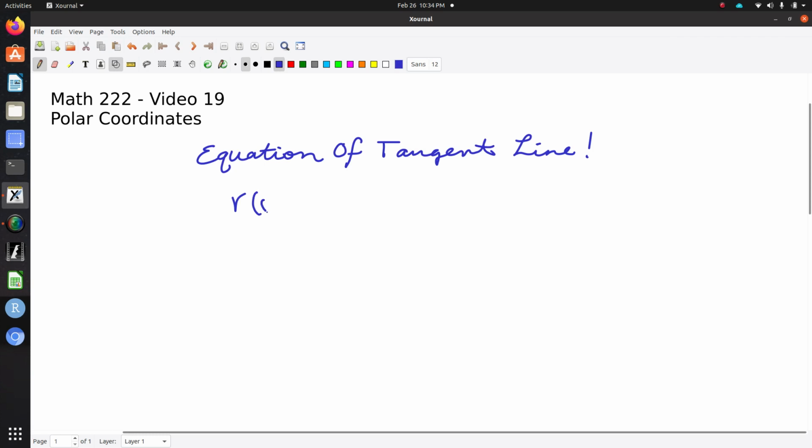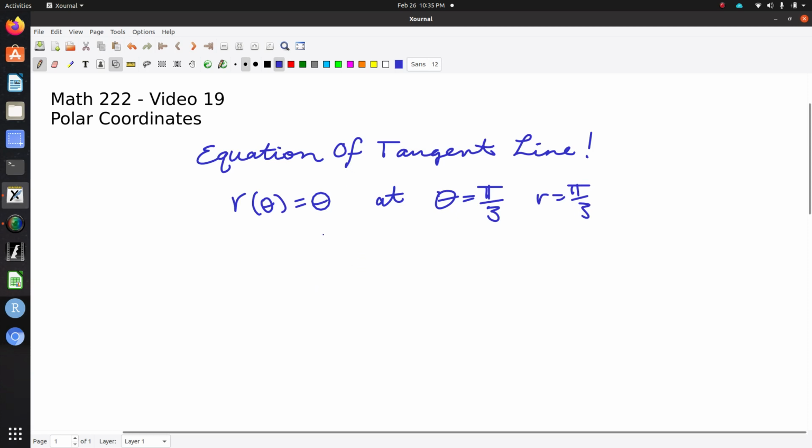So r is a function of theta, and it's at theta equals pi over 3. So that means also note, of course, r equals pi over 3, because r equals theta.